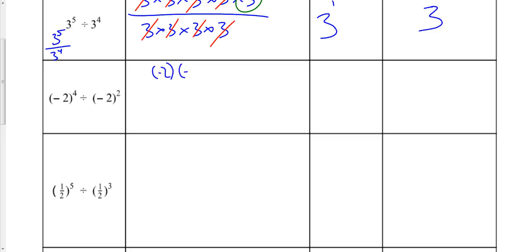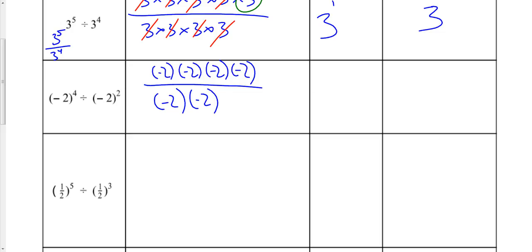Negative 2 times negative 2 times negative 2 times negative 2, all divided by negative 2 times negative 2. Again, when you have brackets side by side, the operation is multiplication. Okay? So let's see what we can eliminate.